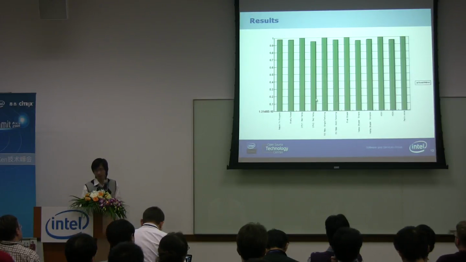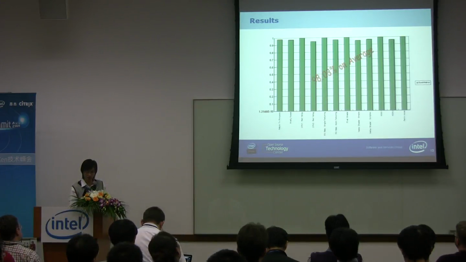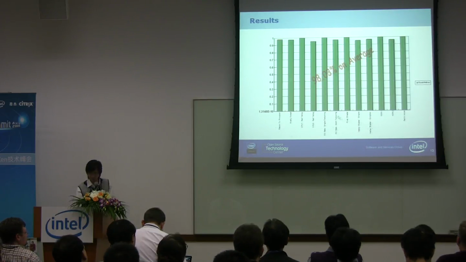So we can see it can achieve very good performance. It's near to native. You can see the average is 98 percent. This includes some shader or rendering tests here.